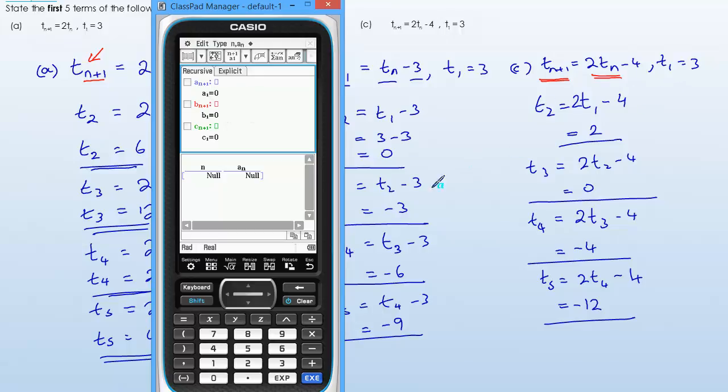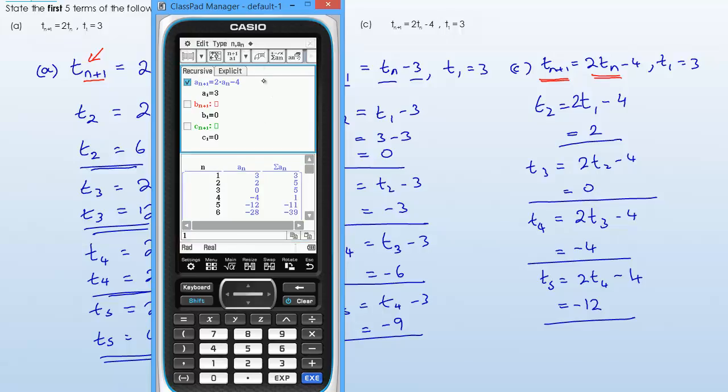Well, we were told that A1 or T1 here was 3. And then our formula was twice an take away 4. And then you do this and it generates the table.